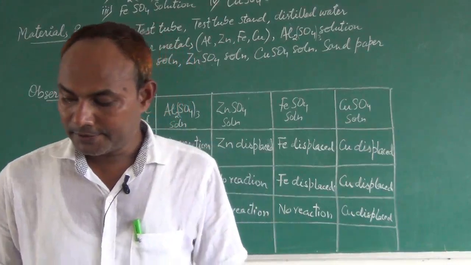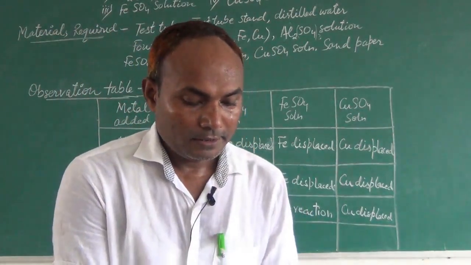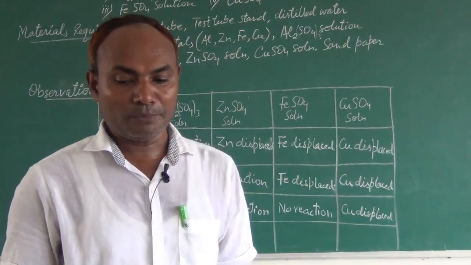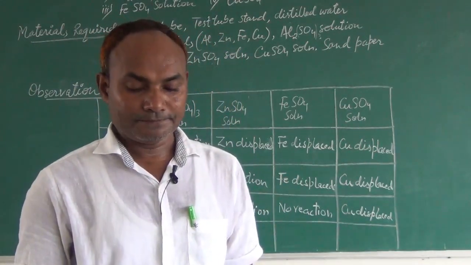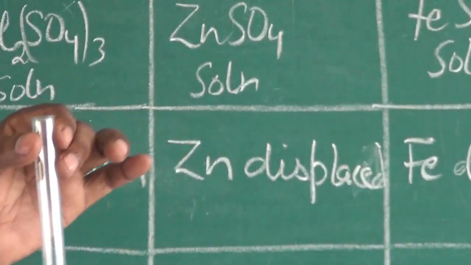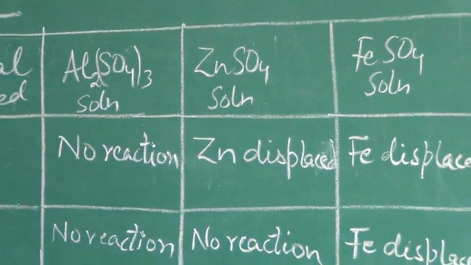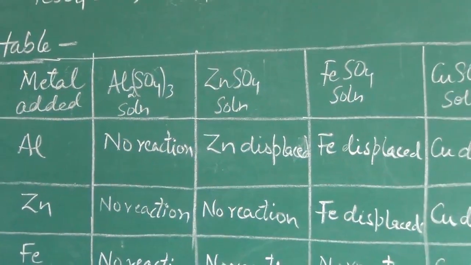Now students, we have to study the reaction of the fourth metal, which is copper. As you know, in the first test tube, when we add copper in aluminum sulfate solution, there is no change in color, which means no reaction.